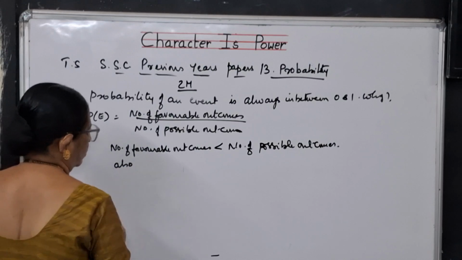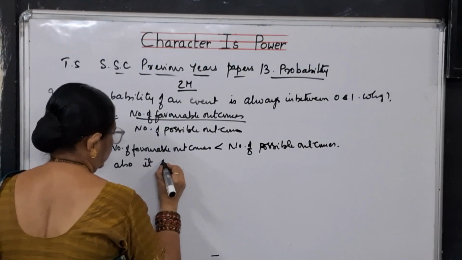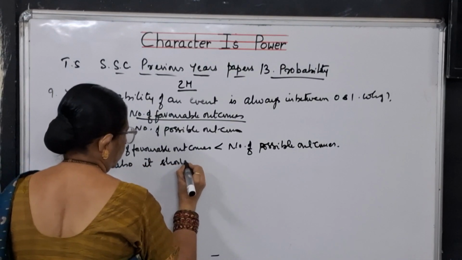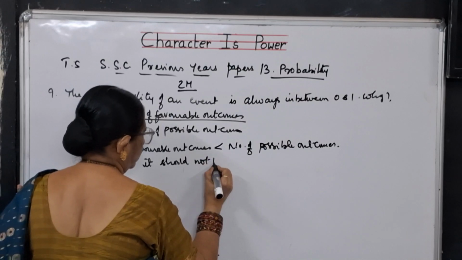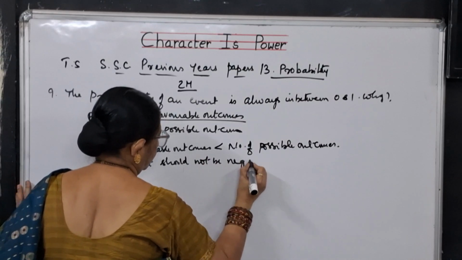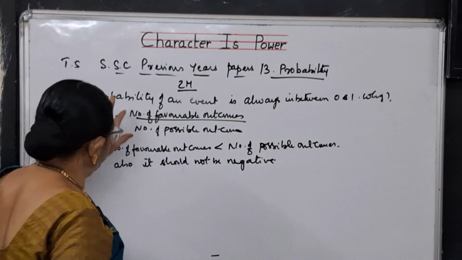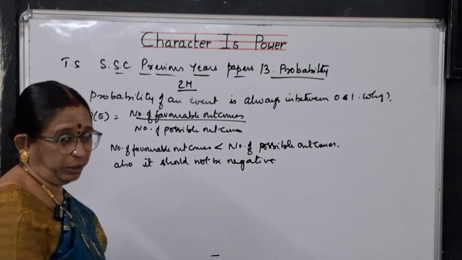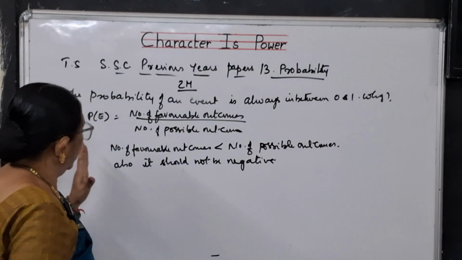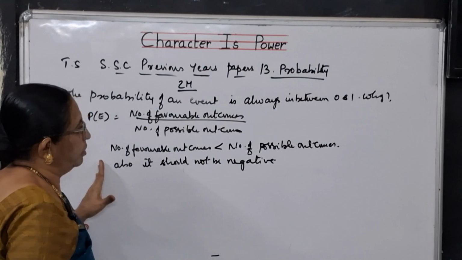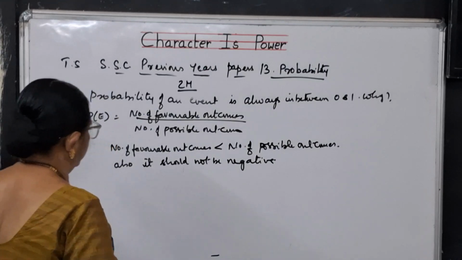Also, it should not be negative. So, if it is lesser than, you will be getting some value. The value might be positive or negative, but always probability should be positive. It should not be negative.